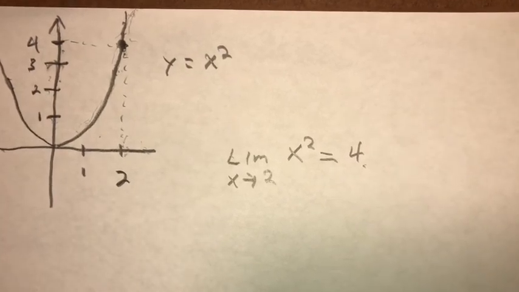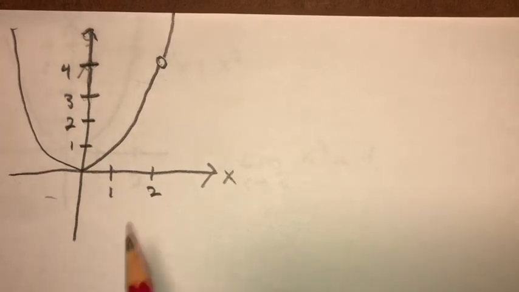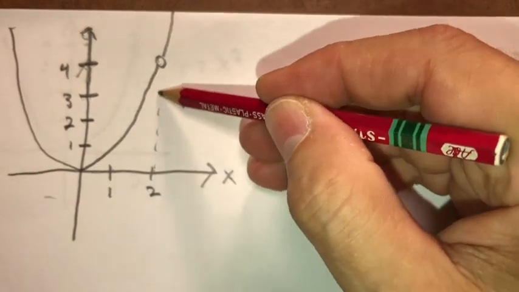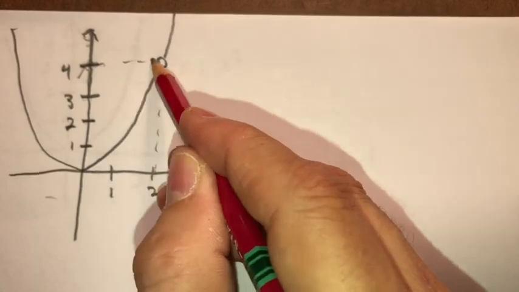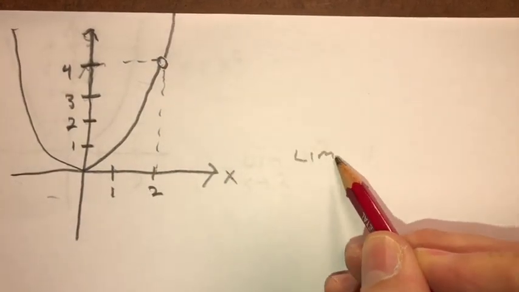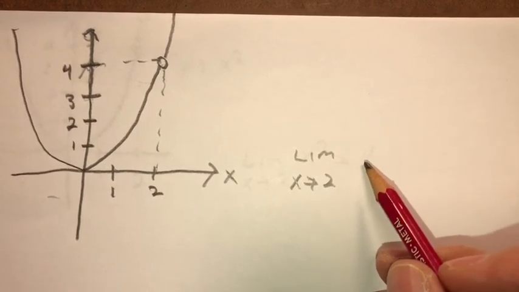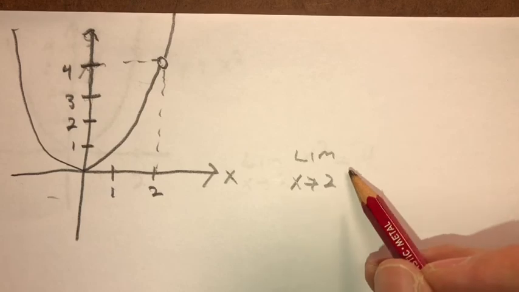All right, so here's the next example. I modified this function a little bit, and now there's a hole there. So what is the limit as x approaches 2 of this function?